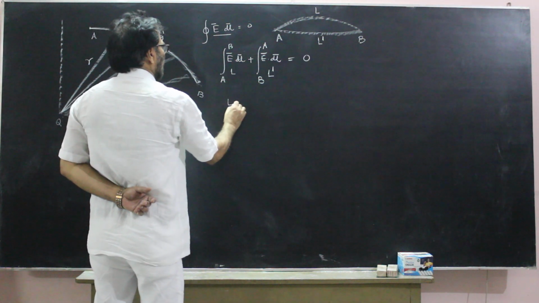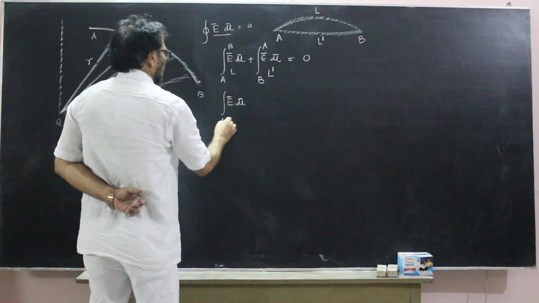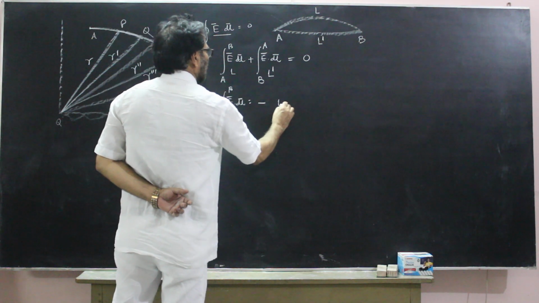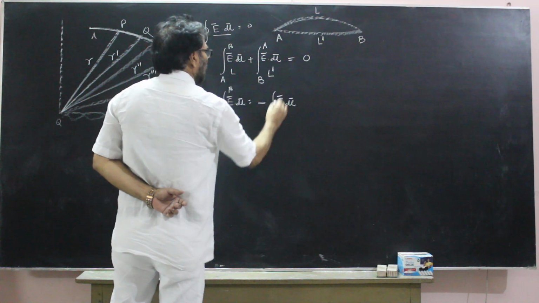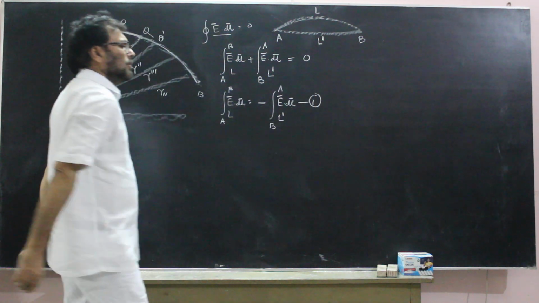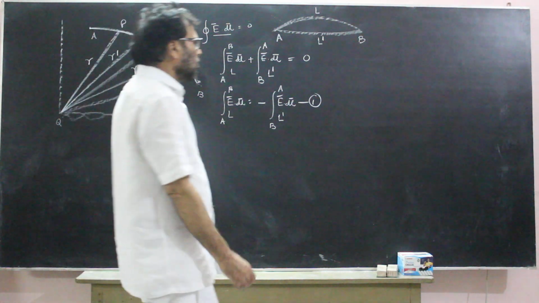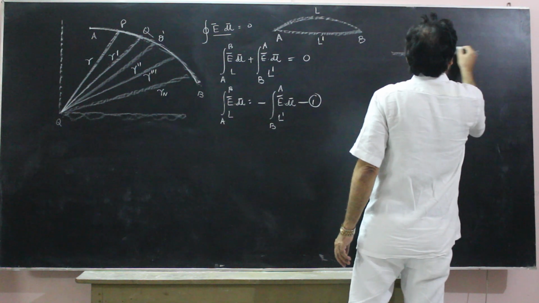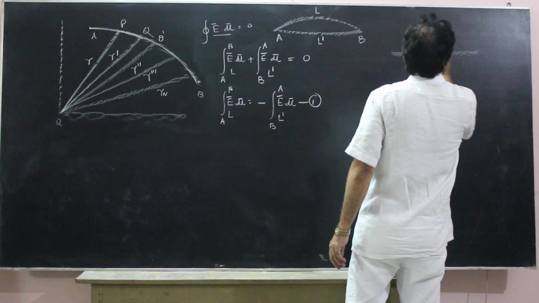So इस इक्वेशन को हम लोग लिख सकते हैं, E dot dl from A to B through L is equal to minus E dot dl from B to A through L dash. This is our equation first. Now this is the direction of field.